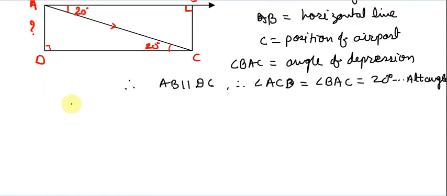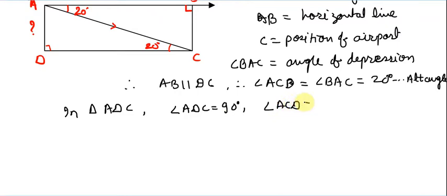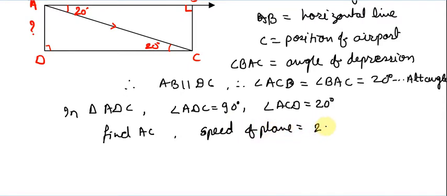So in triangle ADC, angle ADC equal to 90 degrees, angle ACD equal to 20 degrees. Then to find height AD we have to first find AC. The speed of the plane equal to 200 km per hour is given and time is given as 54 seconds.